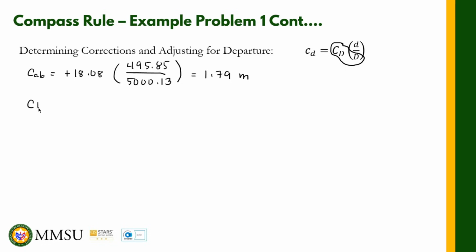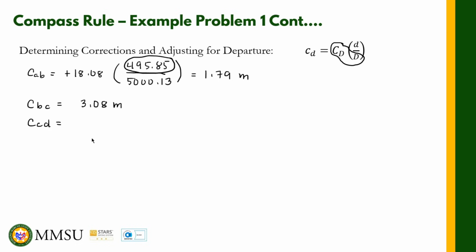Okay, so for the correction of BC, multiply na lang natin yung 18.08 divided by 5,000.13 by 850.62. We have 3.08 meters. Okay? And for the correction of CD, ang nagbabago lang dito actually ay ito, tama? Itong distance, yung length na yan.